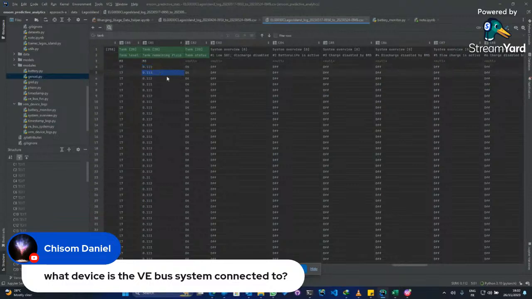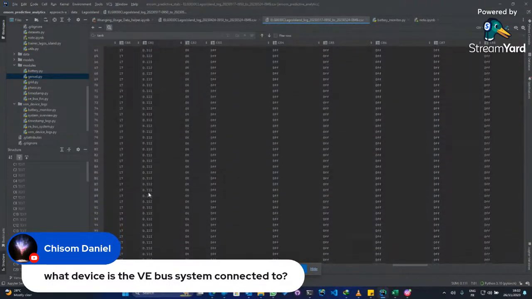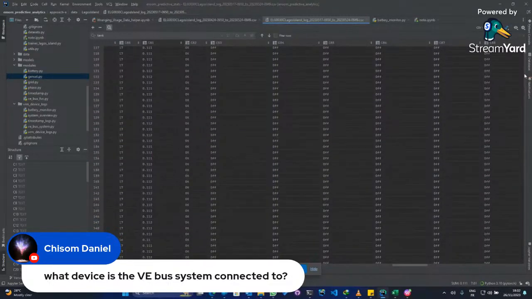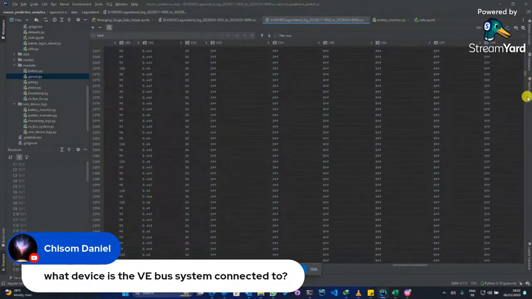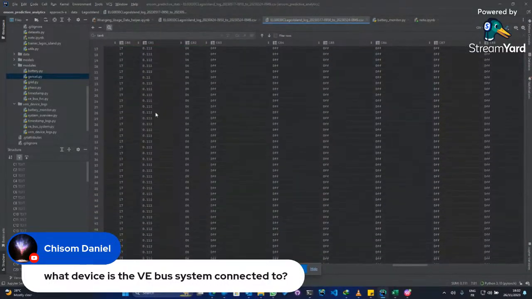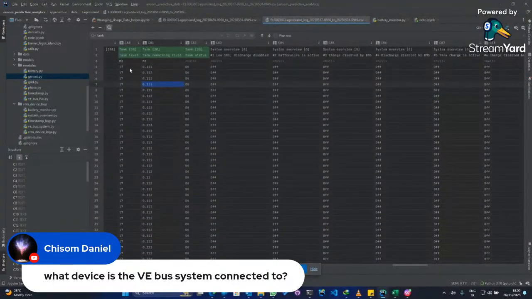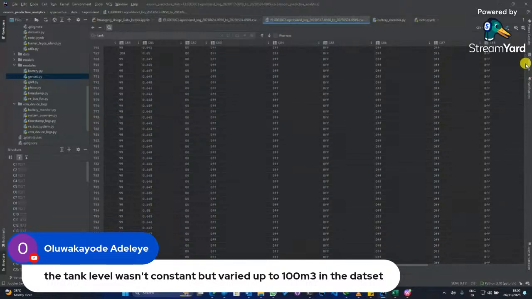Because I remember that when I was working with the diesel level, I had this issue with the tank remaining fluid and the tank level, because they mentioned that both of them have meter cube as their unit of measurement, but it's not actually in line with the actual physical values.